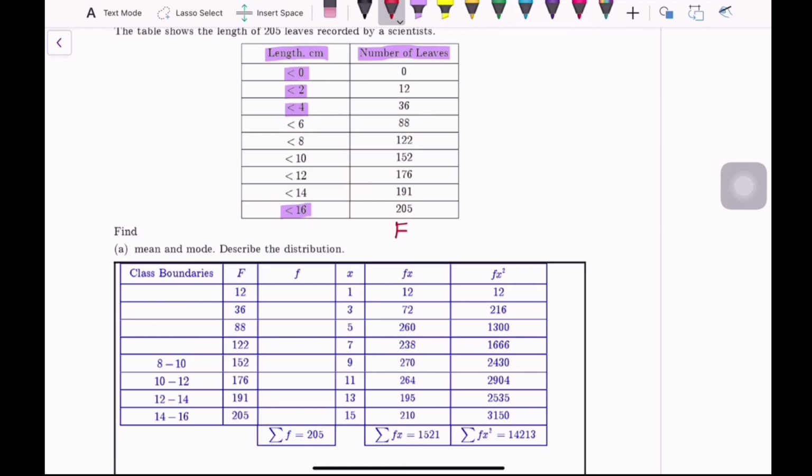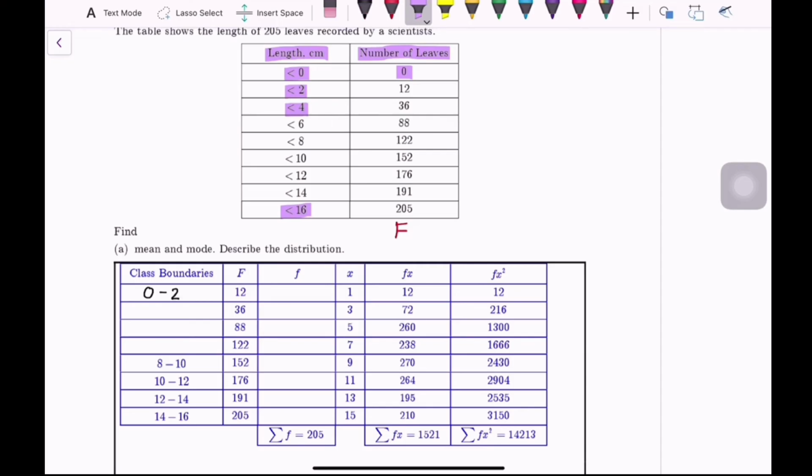No need to write the first class boundary for less than 0 because the length should be positive, and also the frequency for the first class boundary is 0. We start with the second class boundary. For less than 2, the class boundary is 0 to 2.